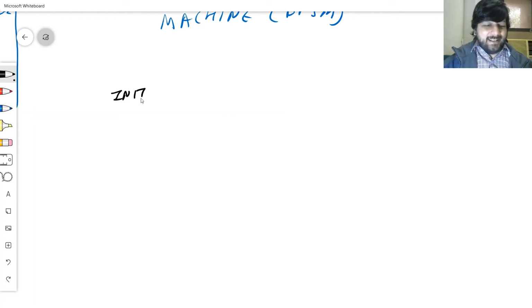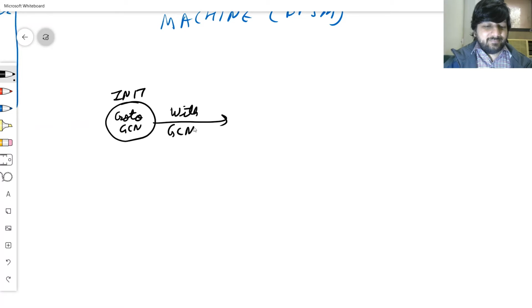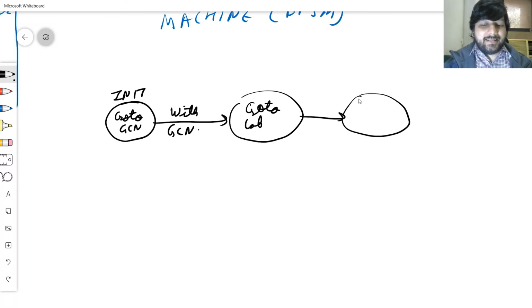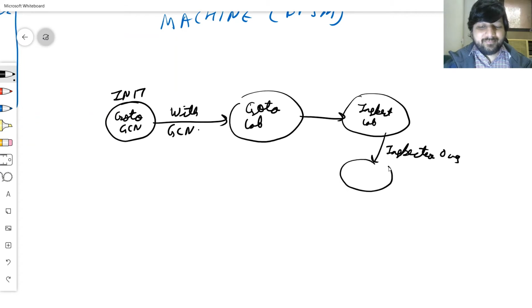So you say init, no home, nothing. It's a new program that you just call, and all that needs to do is go to my colleague, and go to lab and inspect lab. Once inspection is over, then you say stop. Very simple.